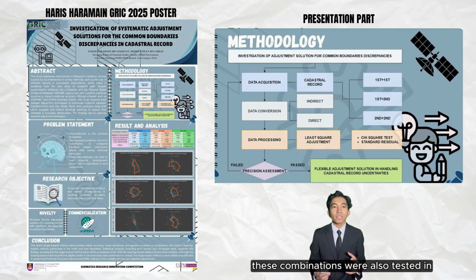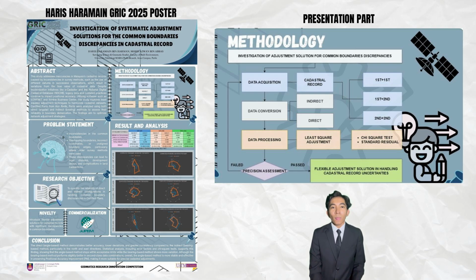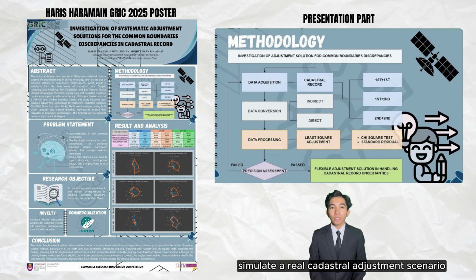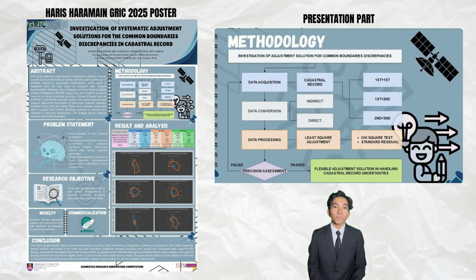These combinations were also tested in first-class configuration, which represents high accuracy and tight control, and second-class configuration, which shows lower precision and simulates older data. The idea was to simulate a real cadastral adjustment scenario, where data from different time periods and survey quality is blended.